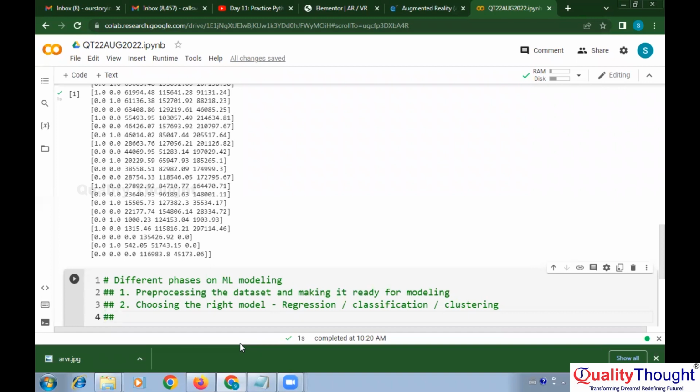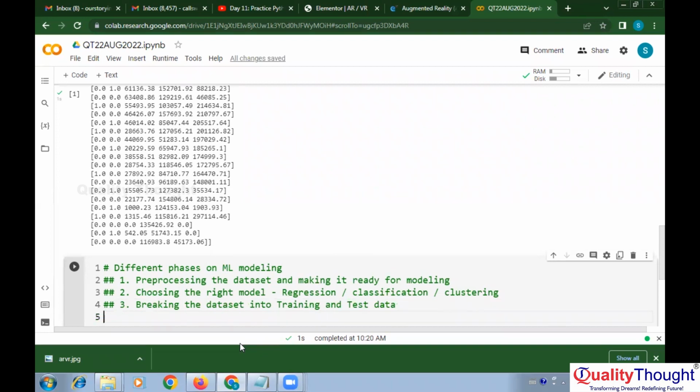Then breaking the data set into training and test data.